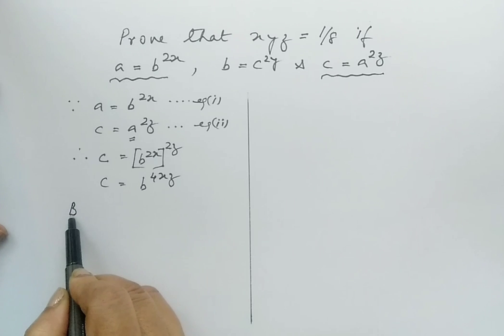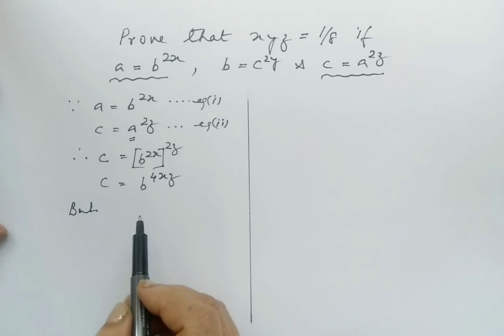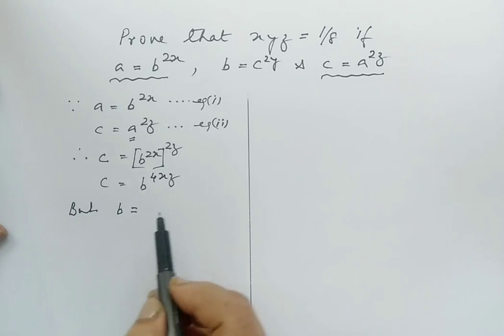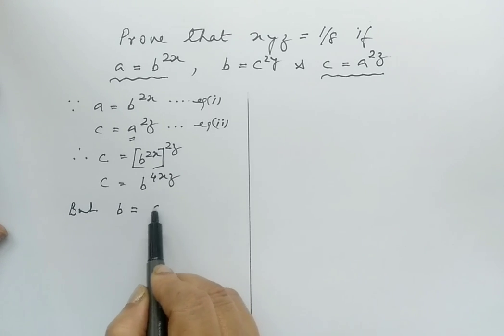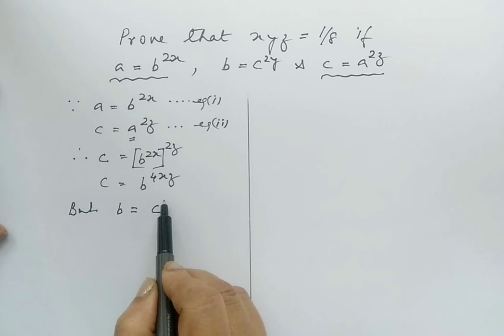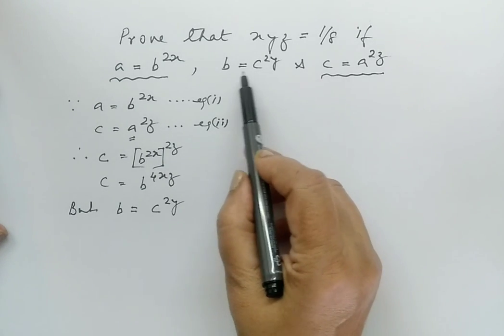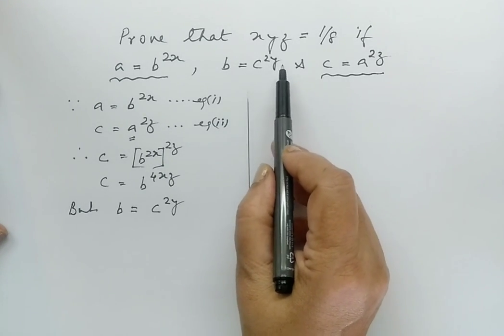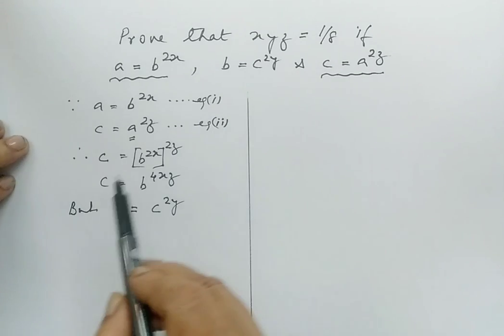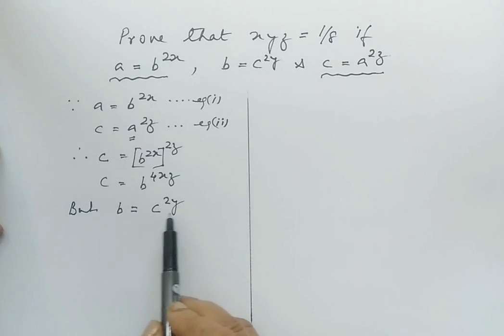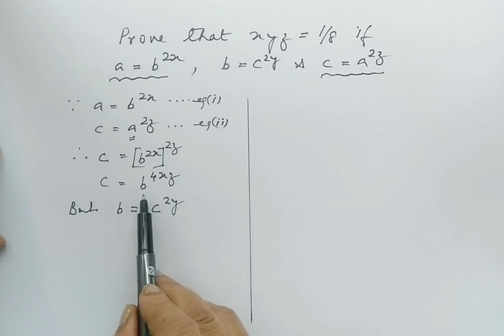But what, b equals to c to the power 2y, isn't it? Here b equals to c to the power 2y. So in this place, can we put this? Should we? Or should we put here in the place of b?